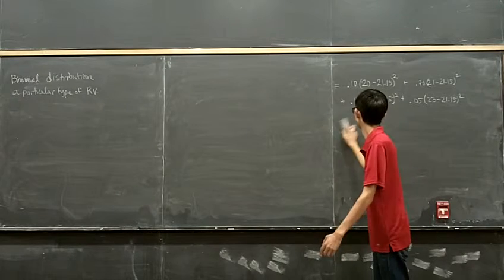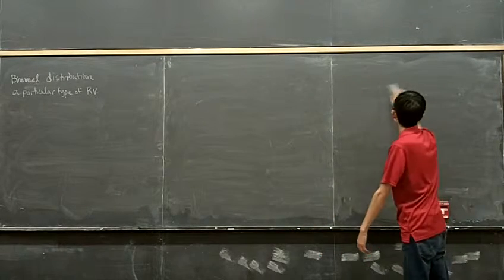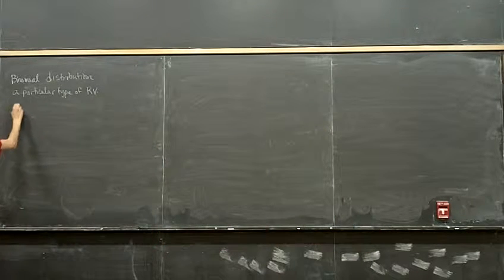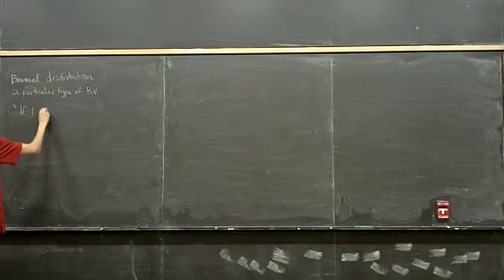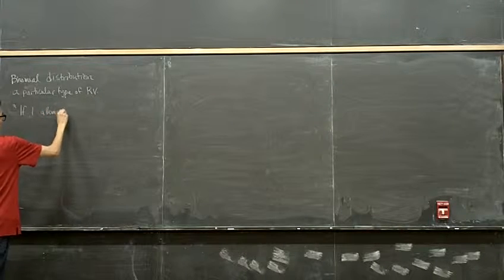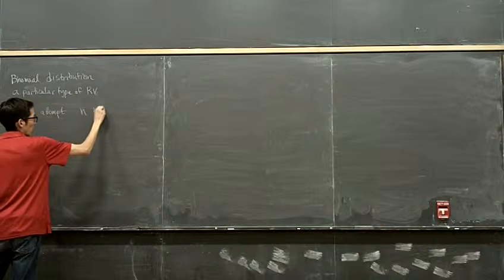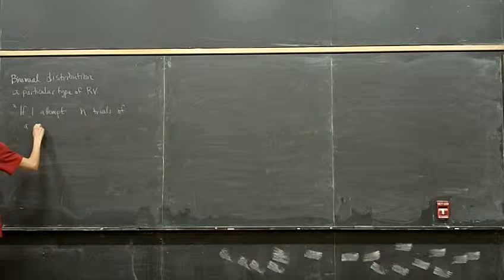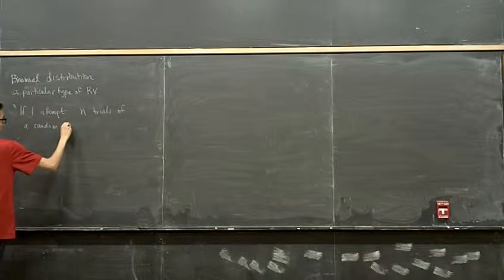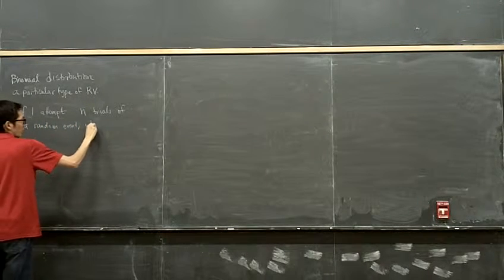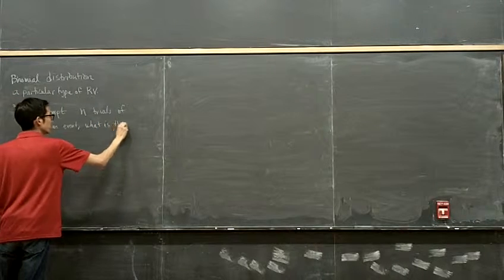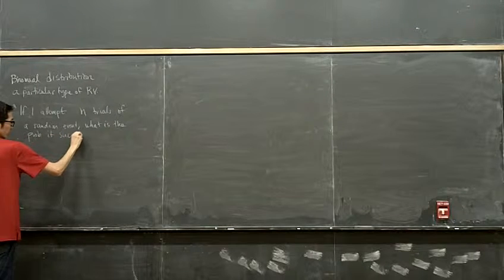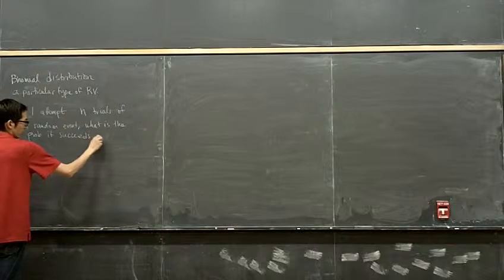So I guess the general form is, if I attempt n trials of a random event, what is the probability it succeeds y times?